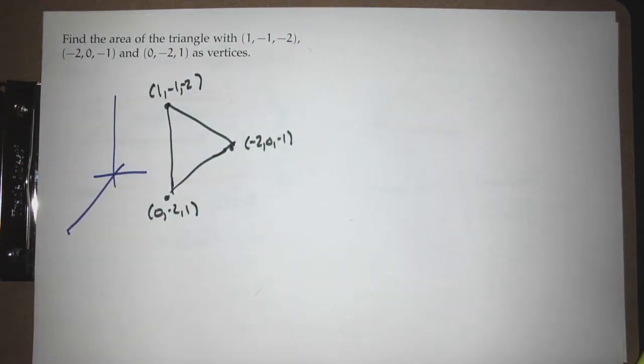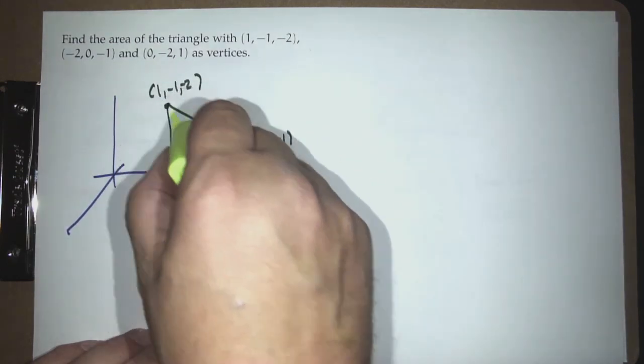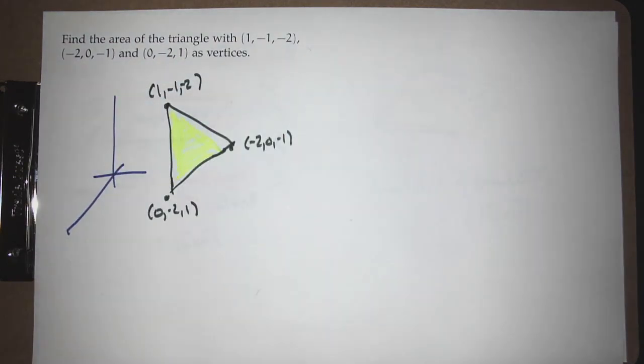Now, what's our plan? We see area of triangle. We just learned we can use cross product. So, how do we approach this problem? Make vectors. Do we need to make vectors? Don't we have vectors? No, these are points. Be careful. Don't try to take the cross product of points.